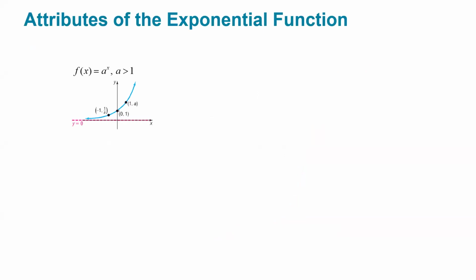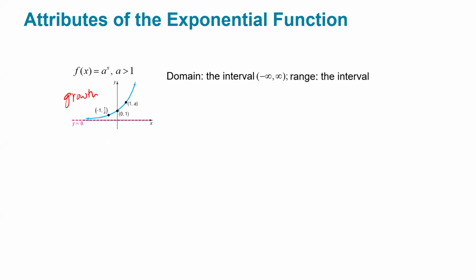Our first exponential model here is called a growth. So we're going to call this our growth model. For the growth model, our domain interval is going to be from negative infinity to positive infinity, because from left to right, our graph continues forever. Okay. Our range, however, has a restriction.